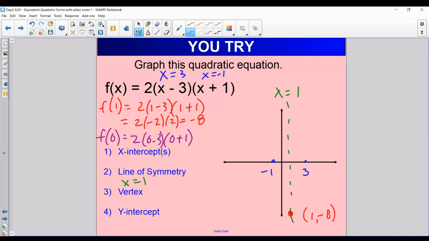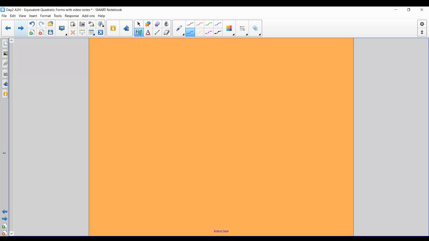So I've got 2 times -3, which is -6 times 1, still -6. So I'm here. If you look at that, and here's the kind of important part, when I go out 1, I'm going up 2. That comes from my stretch factor of 2. Okay, I'm going to stop and start different.